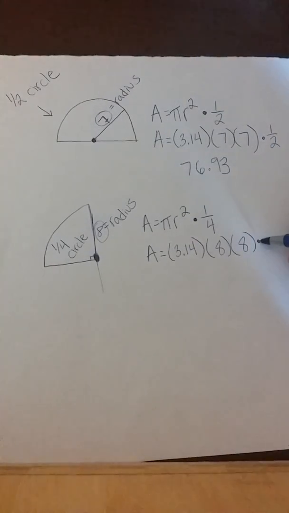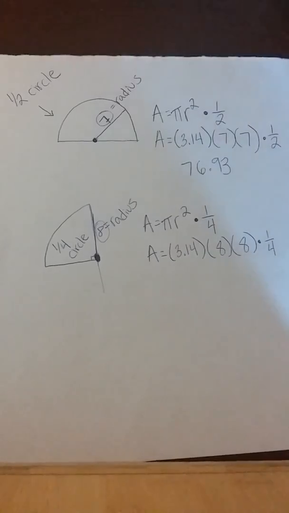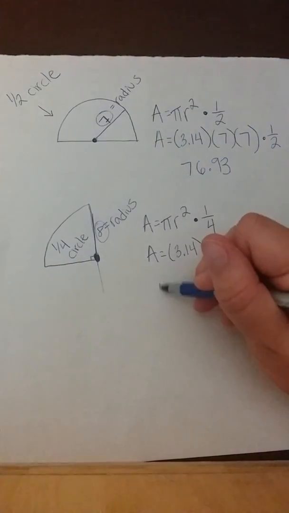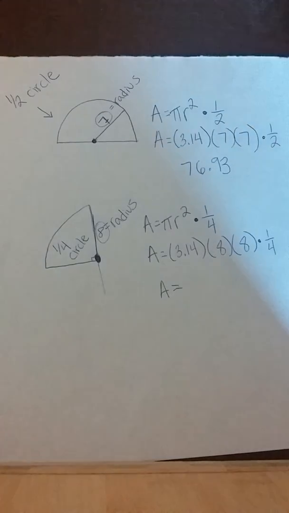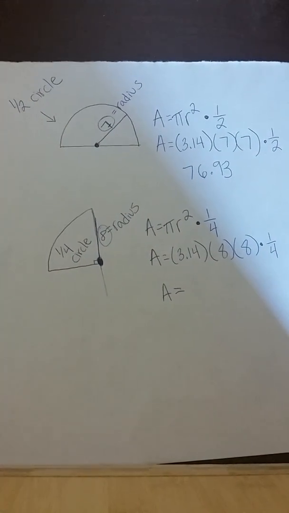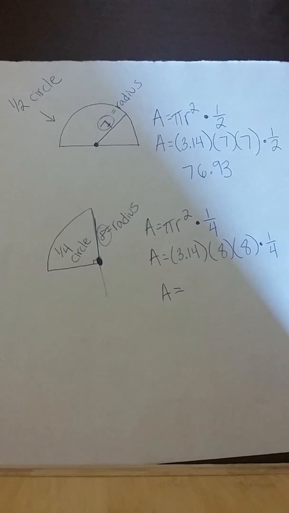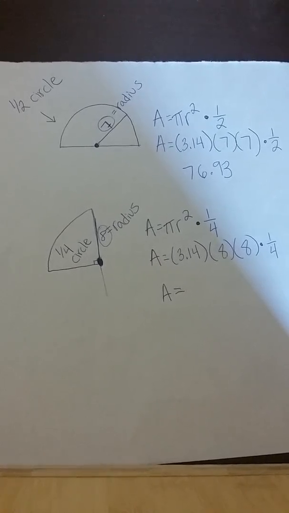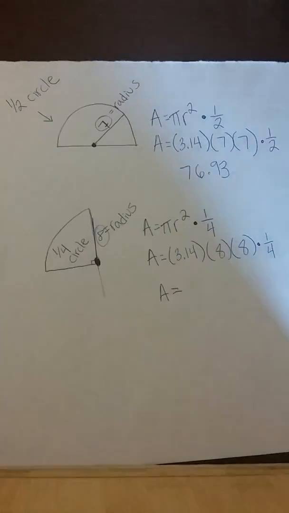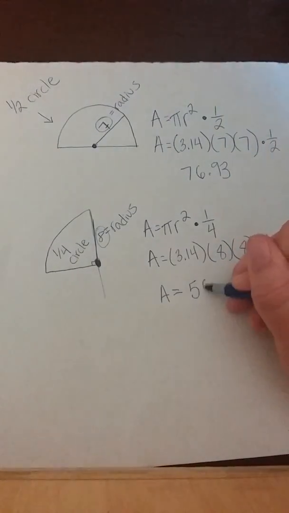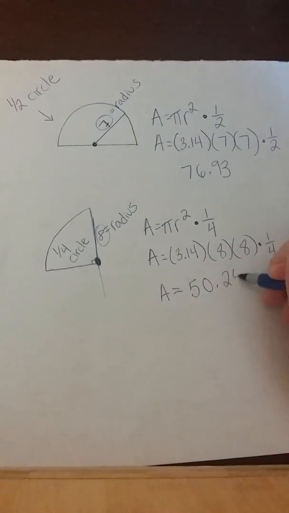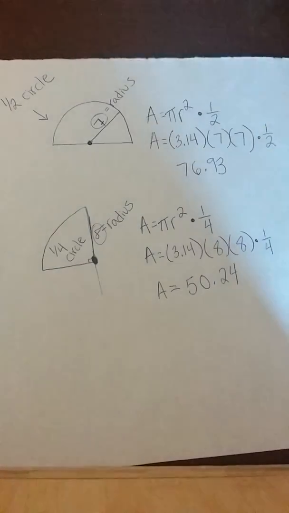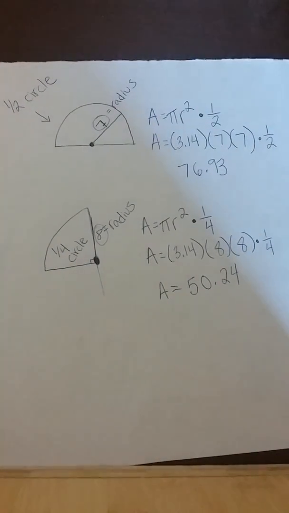And then times 1/4 at the end since this is a quarter circle. And then I go ahead and multiply that since they're all on the same side of the equal sign. I just multiply them all together. And when you multiply all of that together, you get 50.24. So the area of this quarter circle is 50.24.